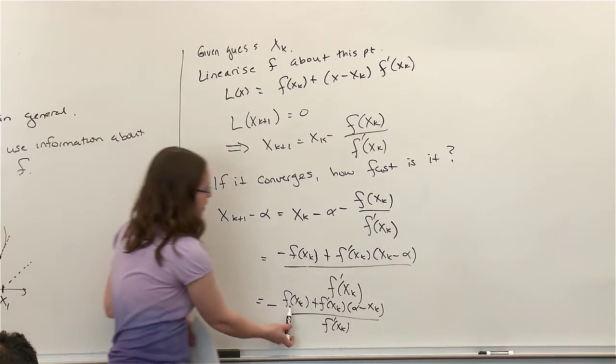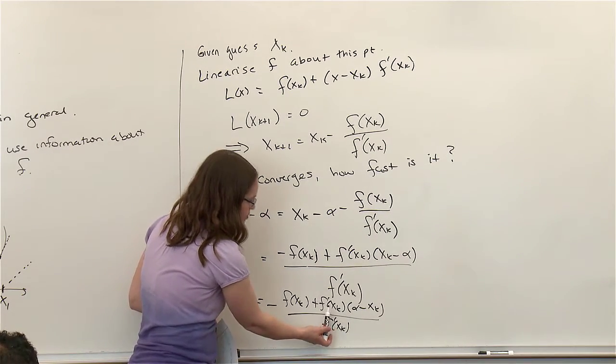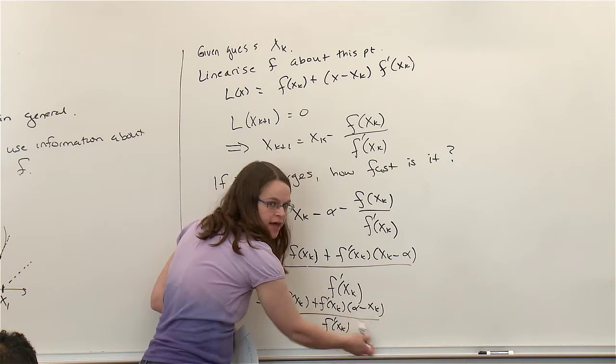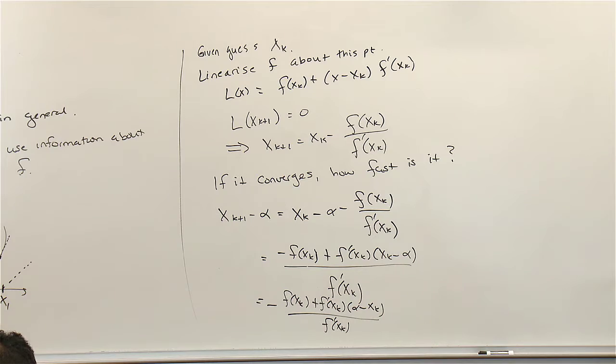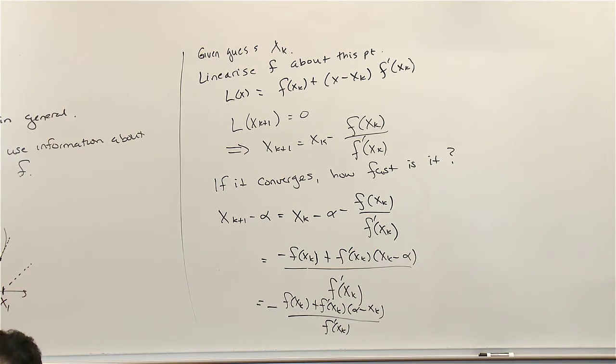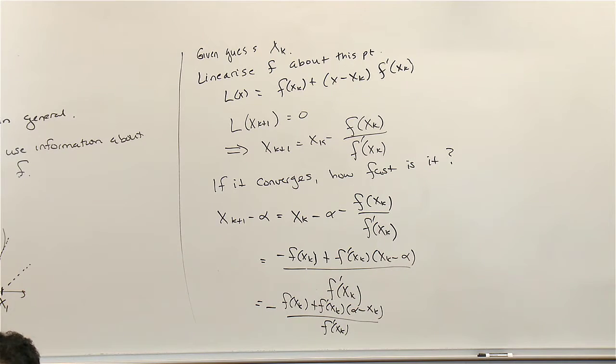Function value at xk plus derivative at xk times alpha minus xk. That's a first order Taylor approximation. So we know that that's going to be equal to f of alpha plus some error term, and this is where we need the Taylor remainder theorem.